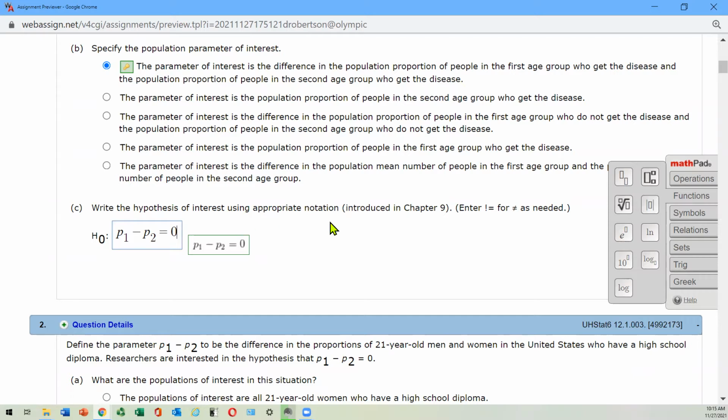Just in case, bear that in mind, that you may have to use a subscript to make WebAssign happen.